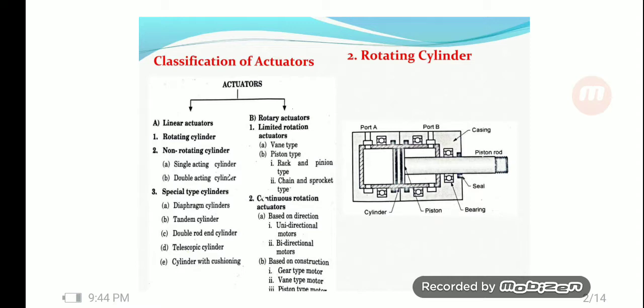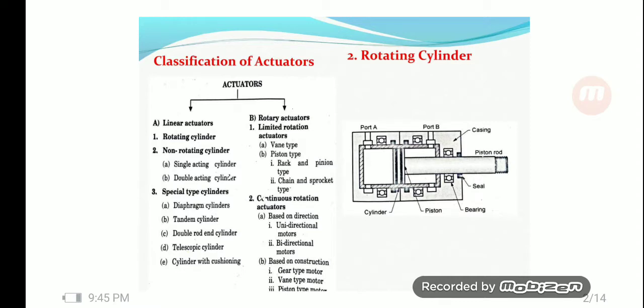The figure shows the rotating cylinder, in which the cylinder is rotated. Here the ports A and B are the two ports in the casing. When compressed air is inserted from port A, it fills the actuator, and the compressed air gives pressure in the forward direction to the piston.